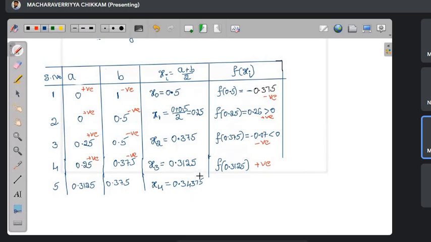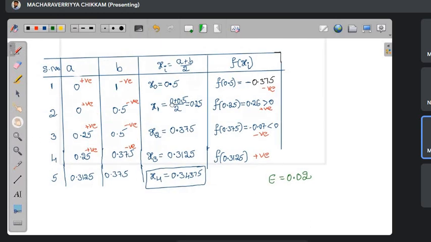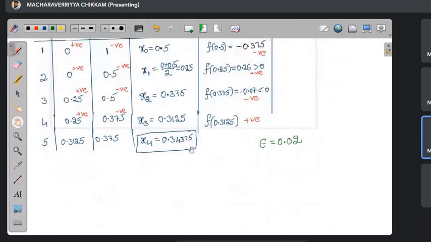Now suppose I want accuracy, let's say given that epsilon equals 0.02. If the epsilon is 0.02, is x4 enough, or should I proceed further? So if epsilon is 0.02, first you calculate what is n.